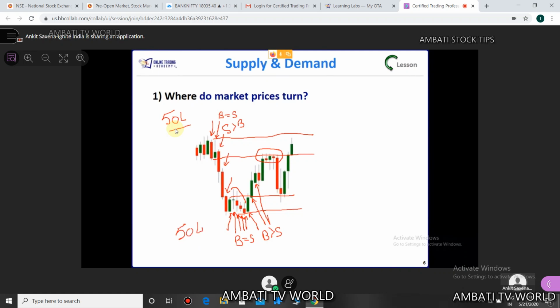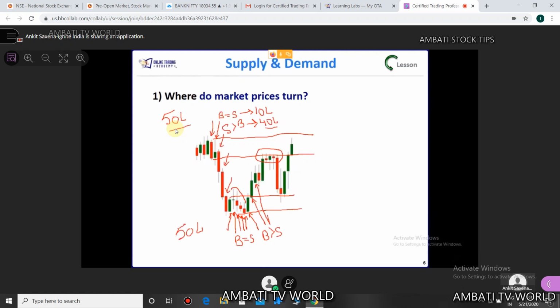At this candle, 10 lakh orders got filled. Here still 40 lakh orders are pending.